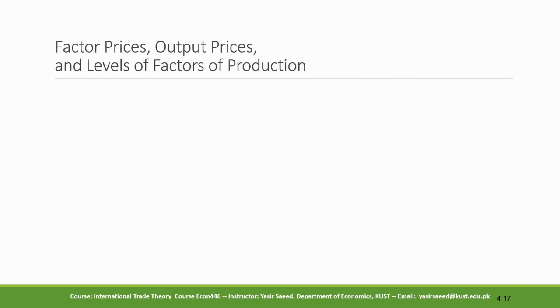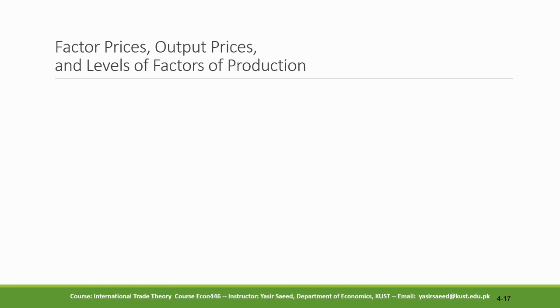The two important key points that we have studied up to this point are that a country will produce on its production possibility frontier because that is efficient production, and they will produce according to the relative prices of the two goods, that is on the ISO value line.